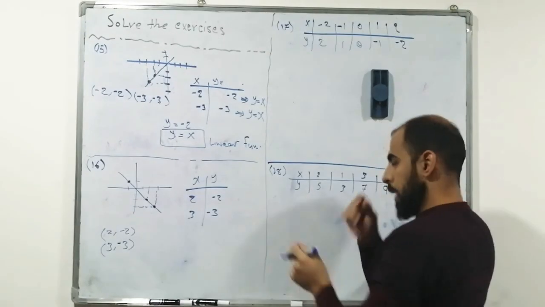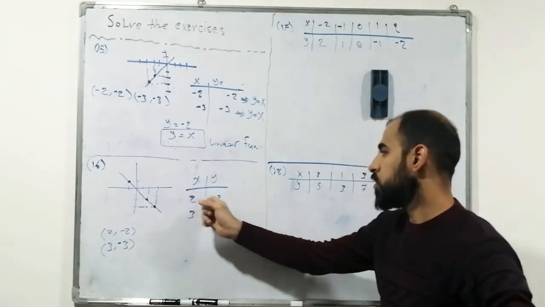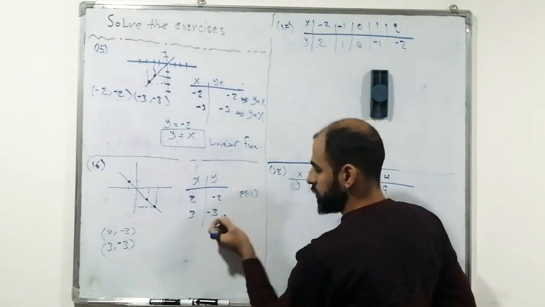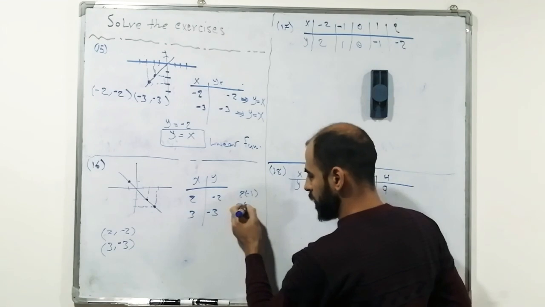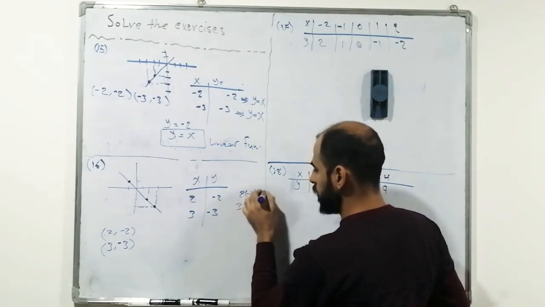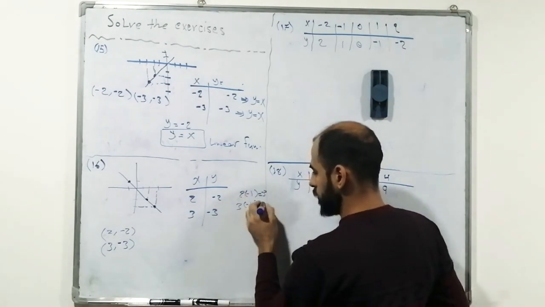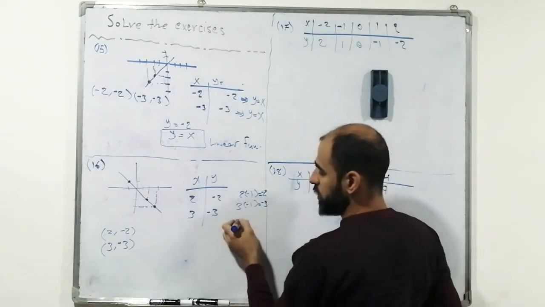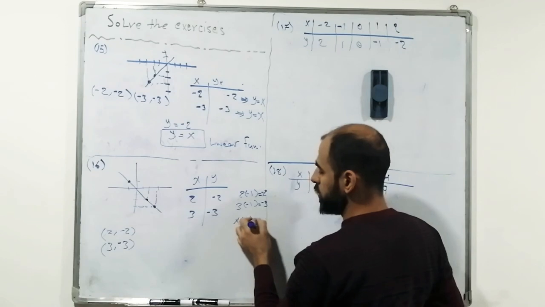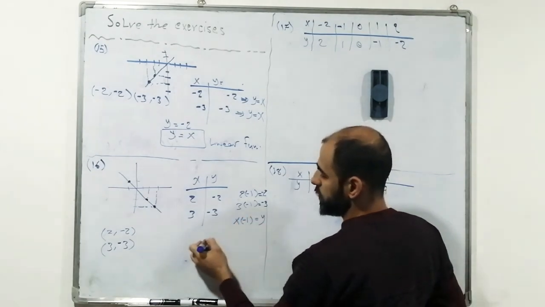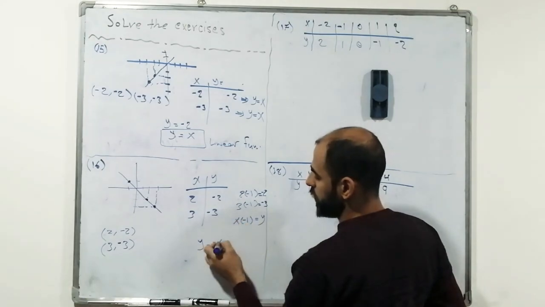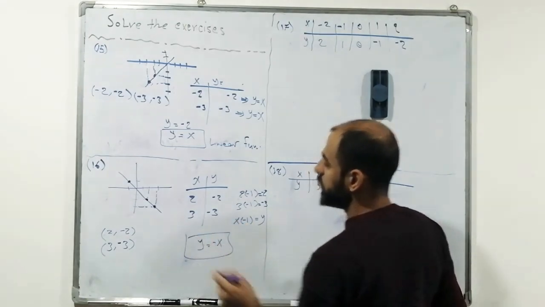How can we make the value of 2 equal minus 2? That means 2 is multiplied by minus 1, and 3 multiplied by minus 1 equals minus 3. That means the value of x multiplied by minus 1 makes it equal y. Then the linear function is y equals minus x.